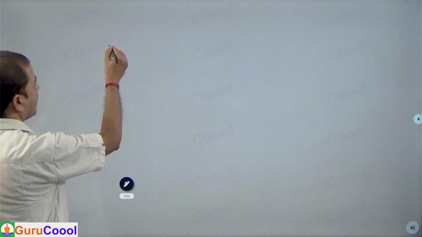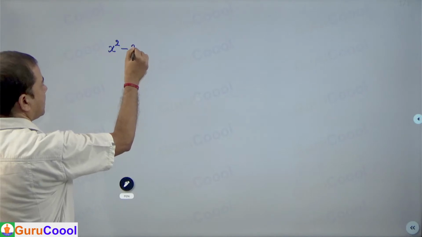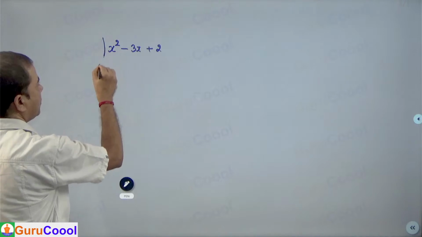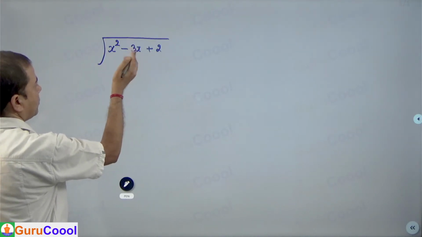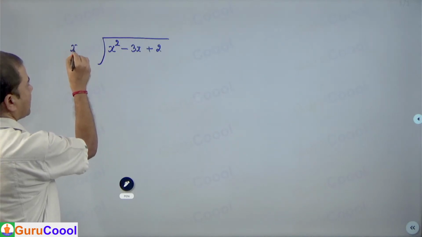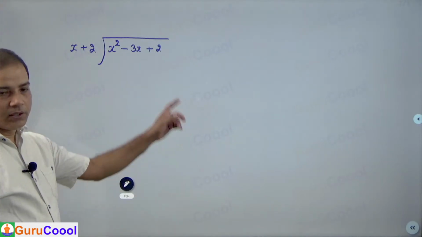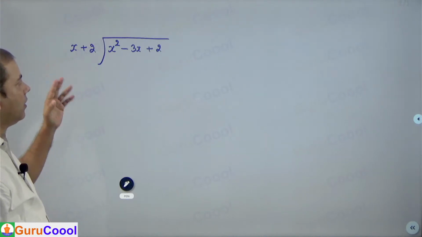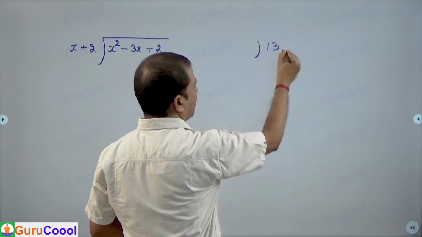See, consider we have a quadratic polynomial x square minus 3x plus 2, and we have to do long division. We are trying to divide it by x plus 2. This is dividend, this is divisor. Generally we divide a number by another number.